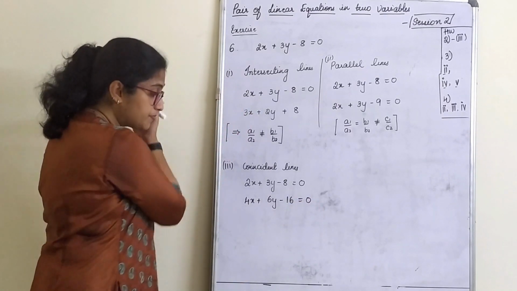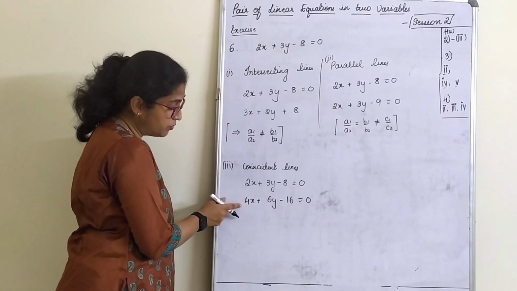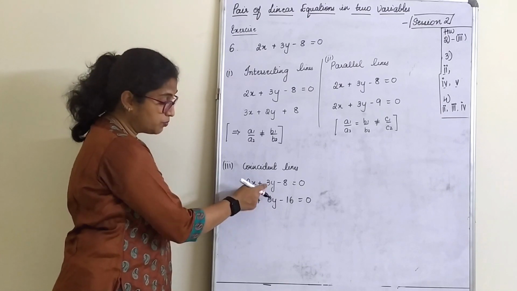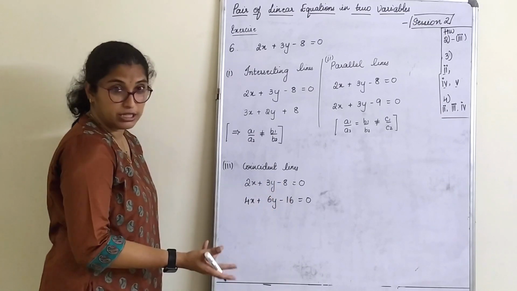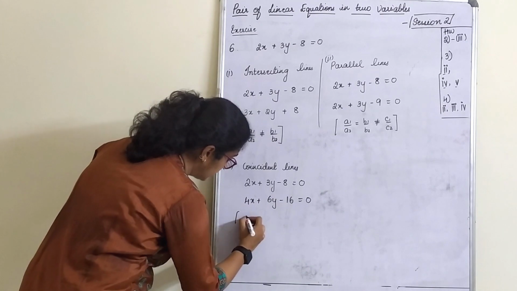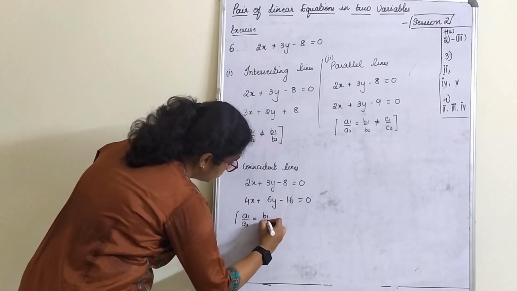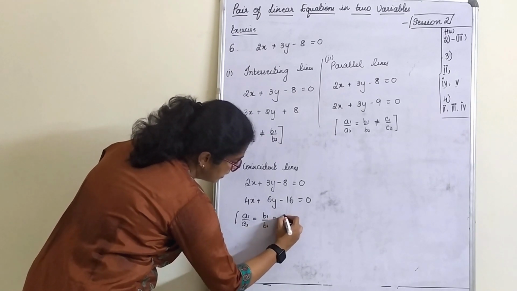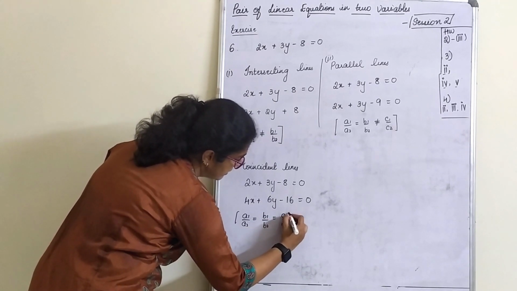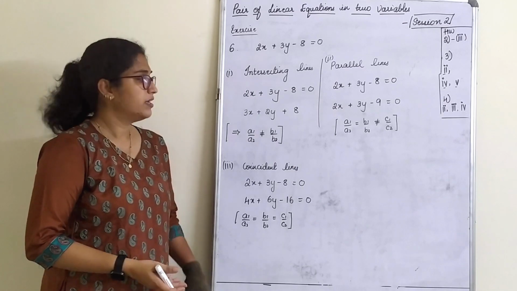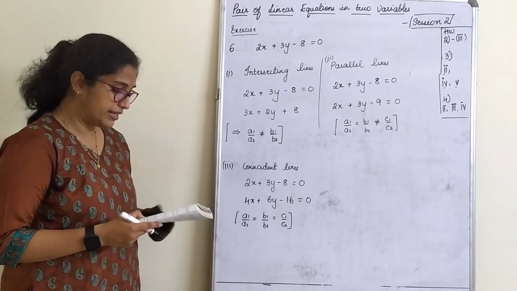Now see here, 2 by 4 is 1 by 2, 3 by 6 is 1 by 2, 8 by 16 is 1 by 2. So the condition here is A1 by A2 is equal to B1 by B2 is equal to C1 by C2. All are the same. That's all the question they have asked.